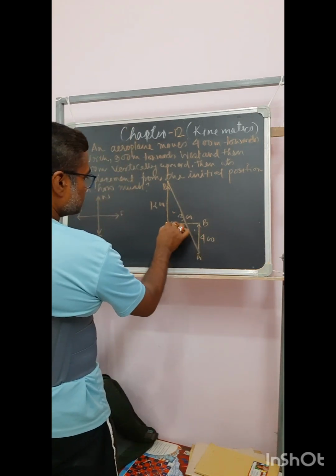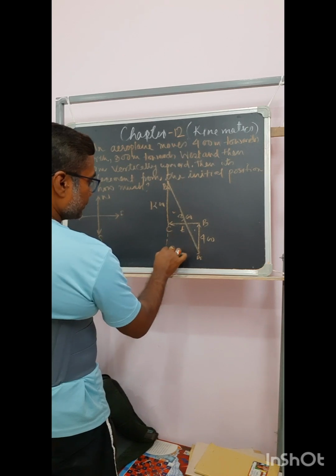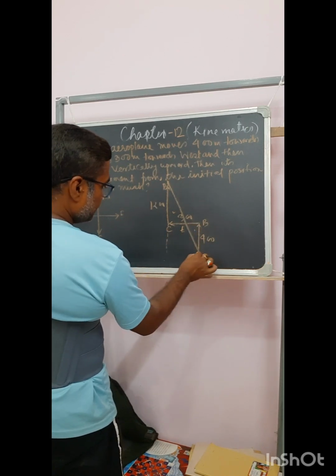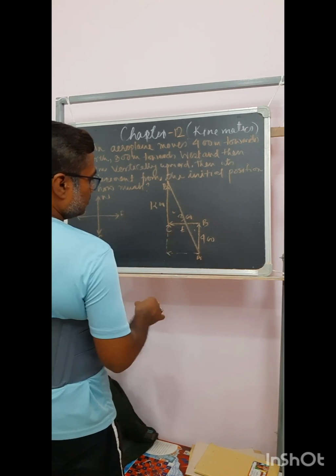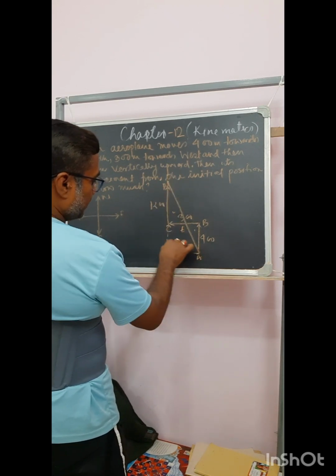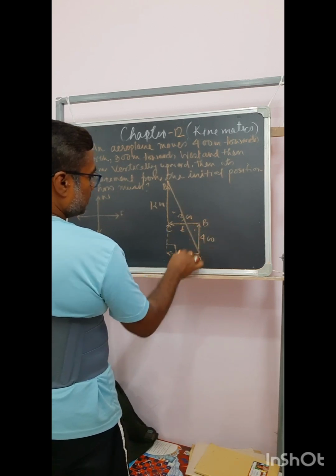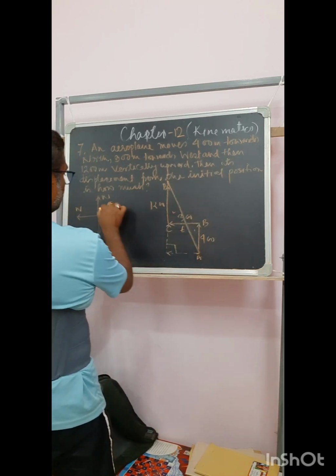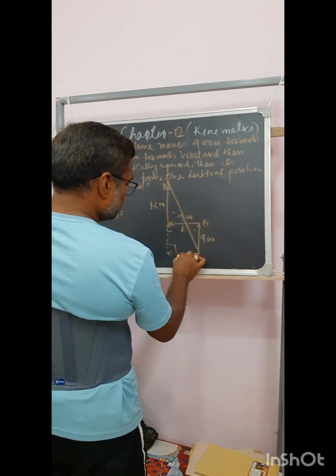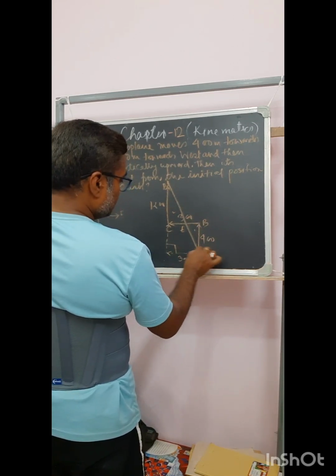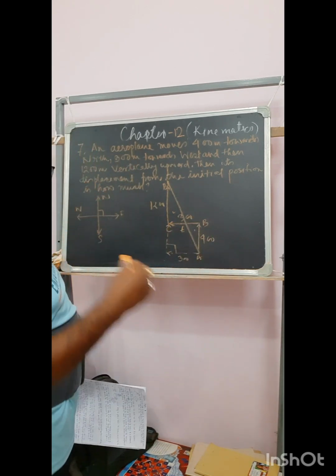I will shift this parallel here, and this I will shift here. Now see, this has turned into a single right angle triangle, isn't it? Because any two directions are perpendicular to each other. So if it is moved here, now it is 300, because parallel shift is applicable for vectors.